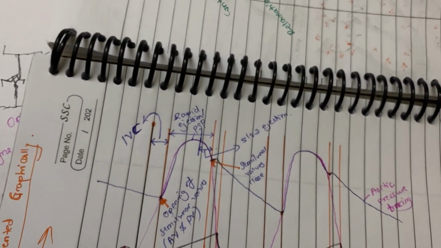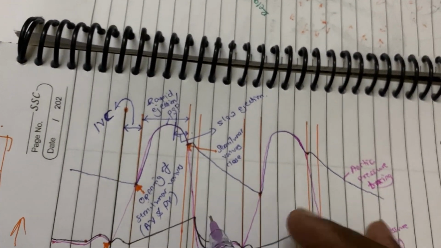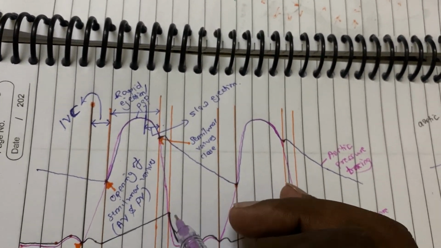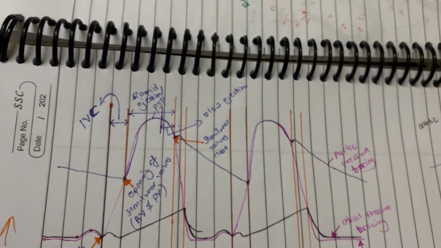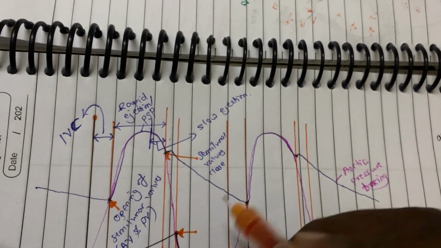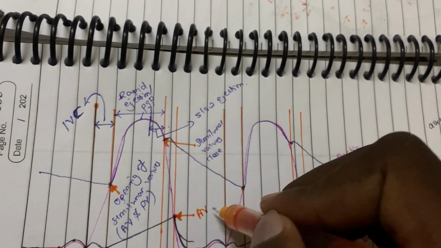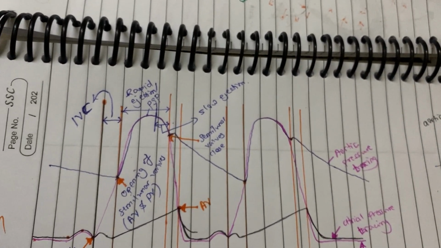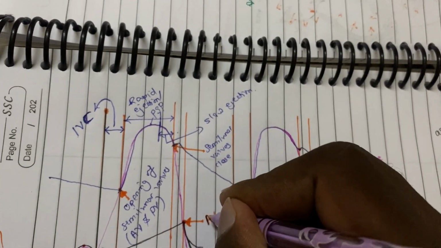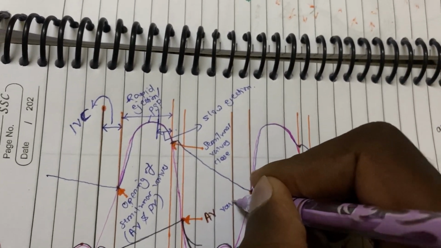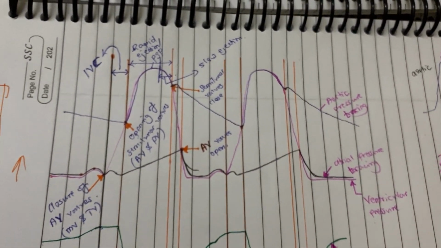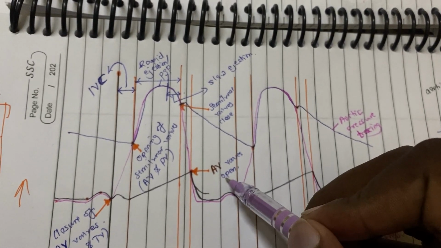So when you look at the pressure tracing in the atria, pressure is still increasing, but the mitral valve has not opened. So there is another point here: AV valves open.